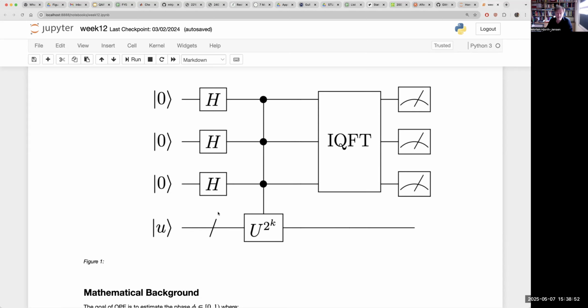So what we are going to do then is actually to set up a binary representation. And this is where the QFT comes into play, due to this binary representation.